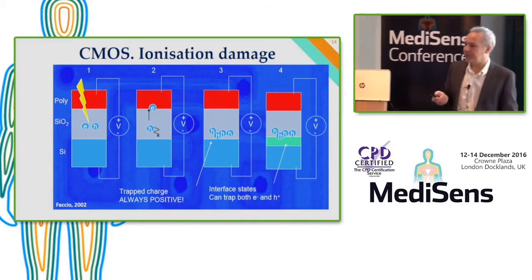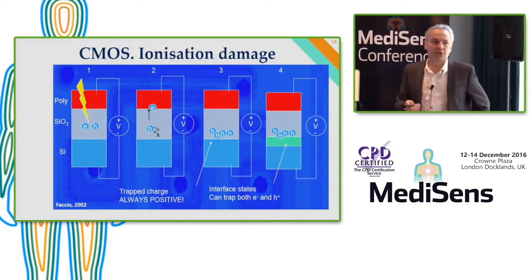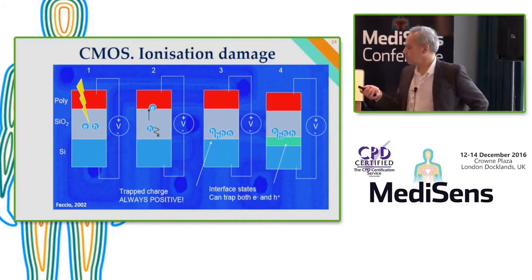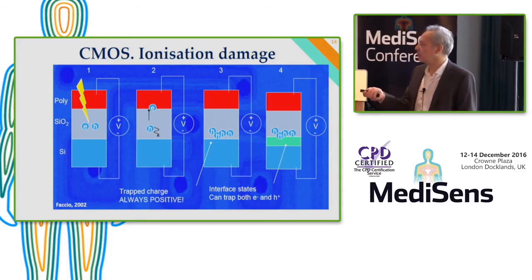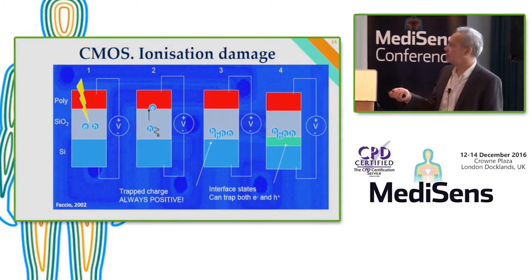So first part, let's look at the damage for CMOS. If you have an X-ray photon, or a particle coming through, or any ionizing radiation, it effectively generates electron-hole pairs in silicon, and then they are separated. The structure shown here is the gate, basically the polysilicon gate, silicon dioxide and silicon.